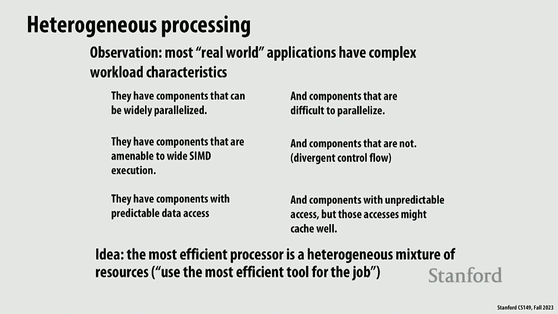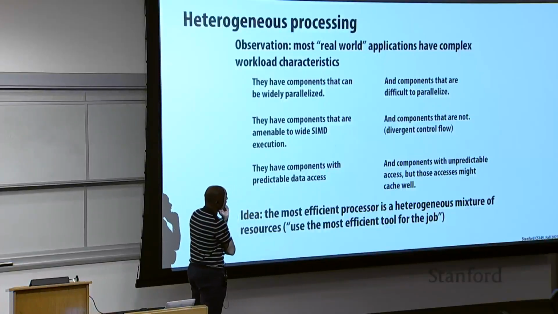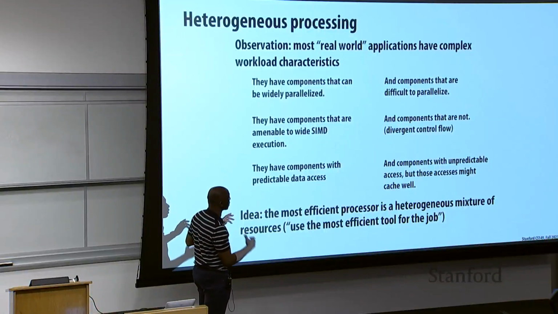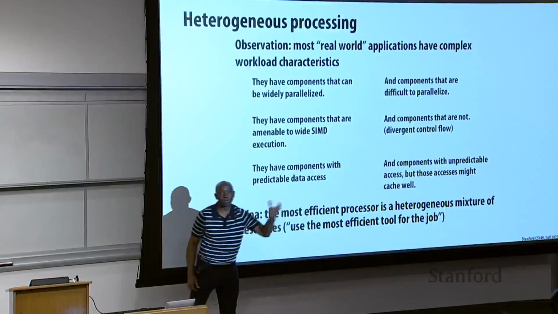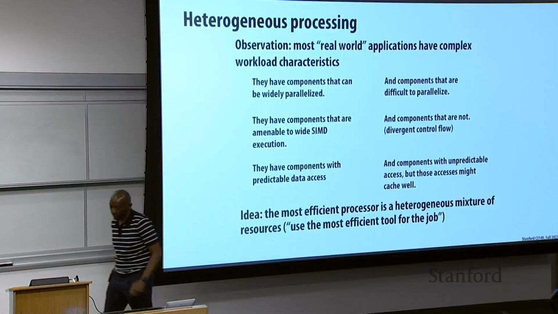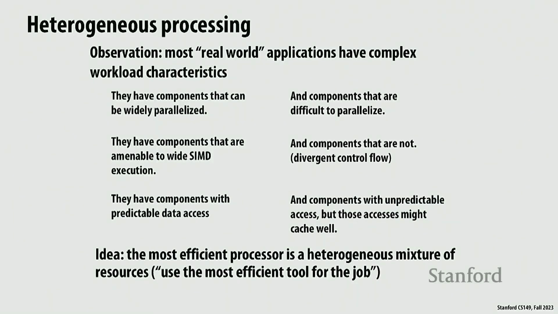Okay, so you look across most real-world applications. They've got complex workload characteristics. Some of them have parallelism that you can exploit using multiple threads. Some of them have SIMD parallelism that you can exploit by using vector and SIMD execution.